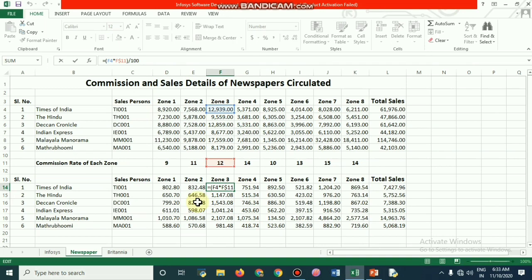So the changes won't come up when you copy the formula. Wherever it may be, you could see the difference.